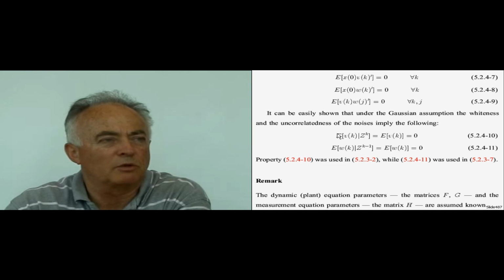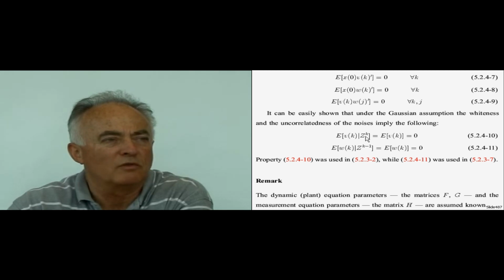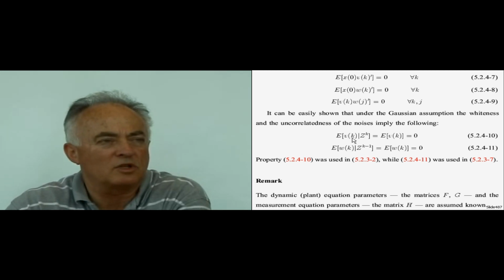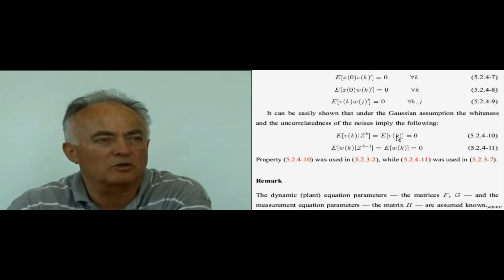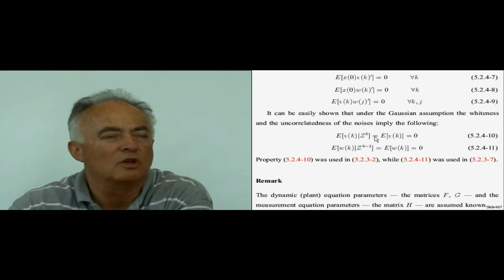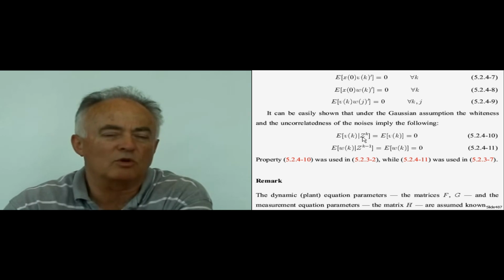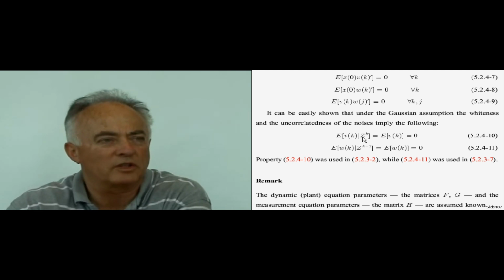Then, the property that we already used in the derivation was that the expected value of the process noise, v at time k, given Z^k, is the unconditional expectation. So this conditional expectation is the same as the unconditional expectation, which is 0. And again, the reason is Z^k contains only w's up to time k, and previous v's up to time k minus 1.